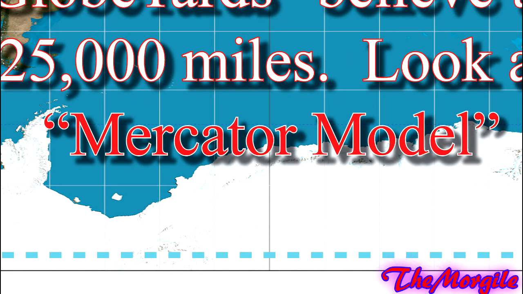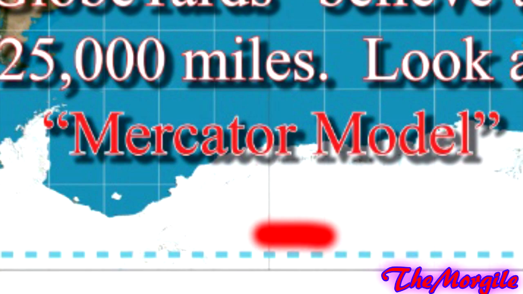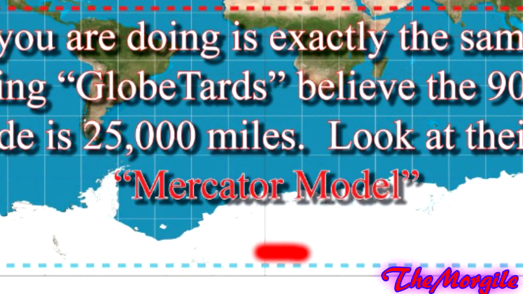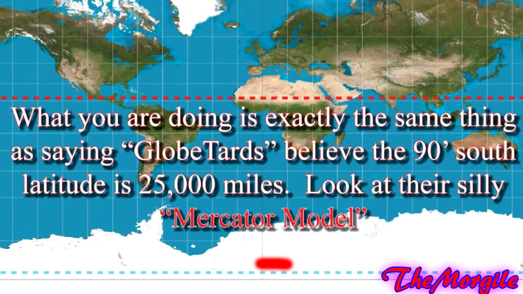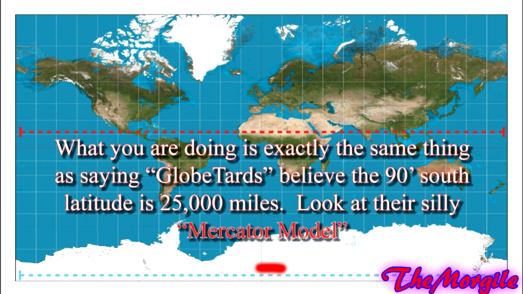And so if I were to start making measurements on the Mercator projection and saying, see, Globers think that it's 1,000 miles or whatever the distance is between these 2 points at 89 degrees south, when of course, according to this sphere, that should only be maybe a few feet, right? Because again, the 90 degree south and 90 degree north latitudes are allegedly stretched to infinity horizontally across the top and bottom of the Mercator projection.